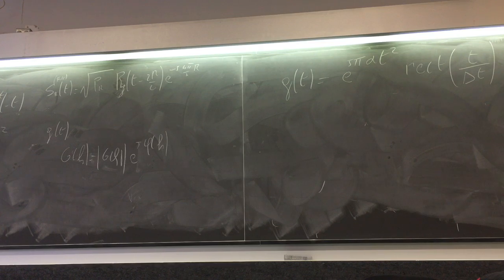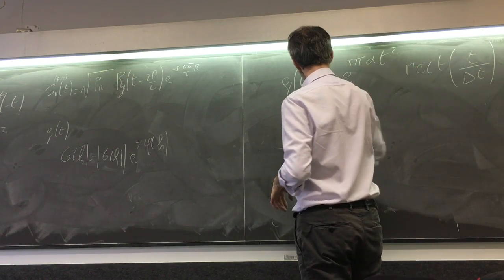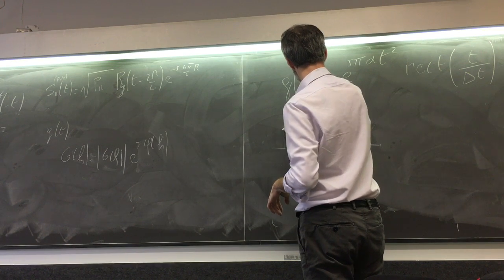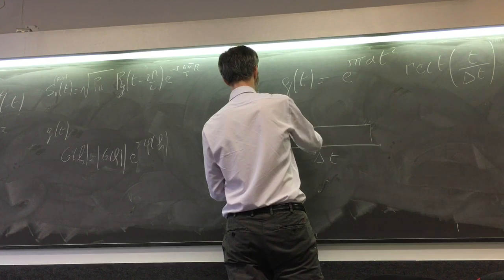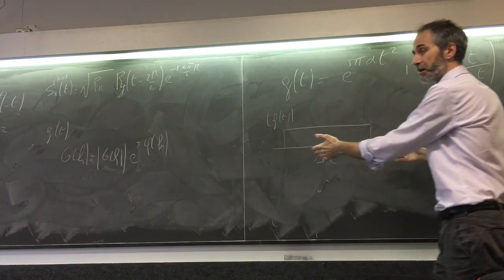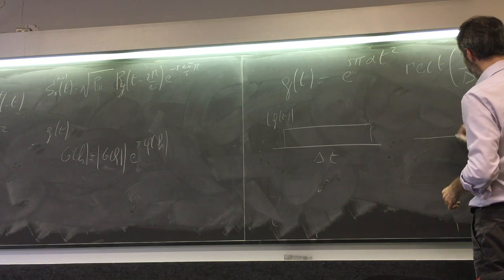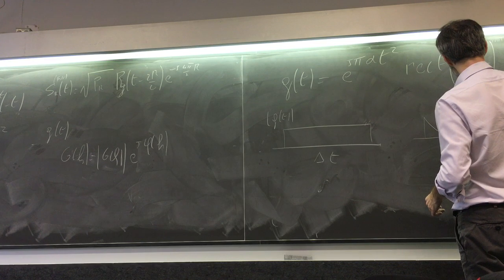This is called chirp. Its absolute value is this one, so it's g of t, and this can be very long. Its phase is a parabolic phase.